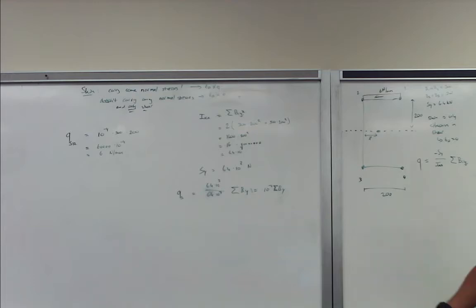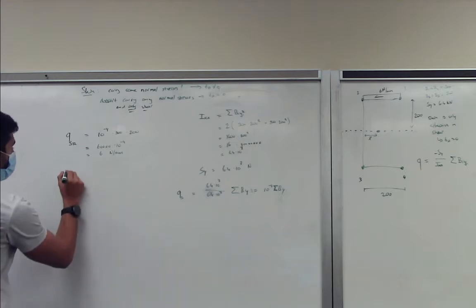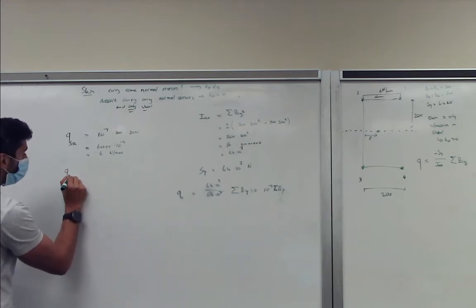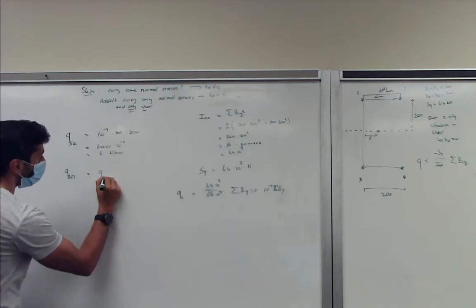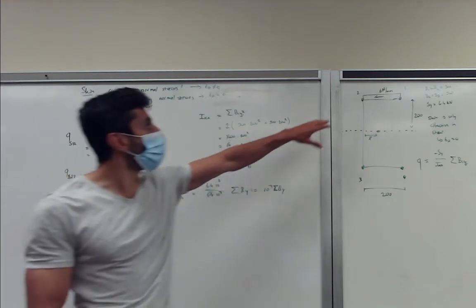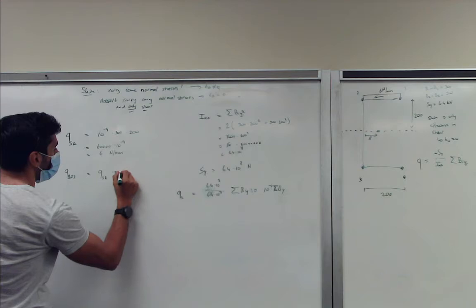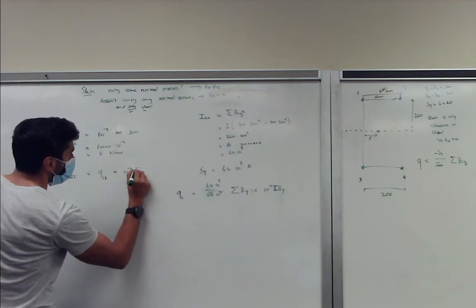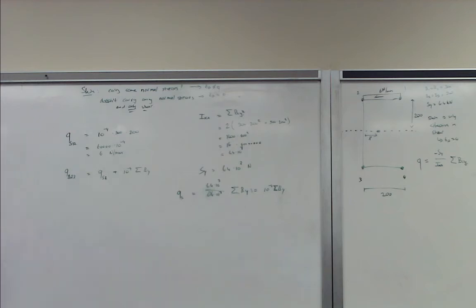Then we can calculate Qs23. That's of course the starting point, Qs2. And because it's constant, we know it will be just equal to 6 plus 10 to the minus 4 summation b times y.